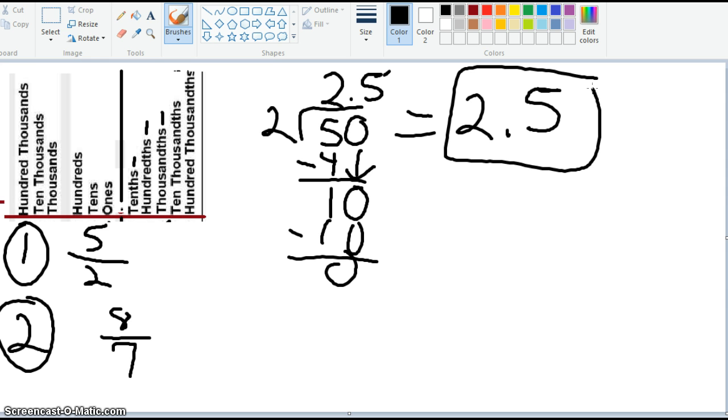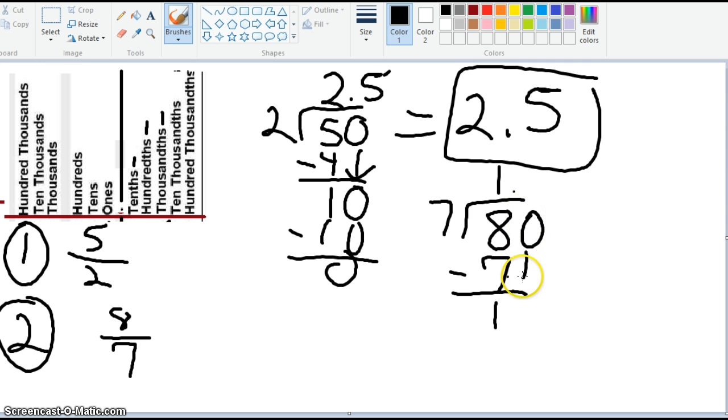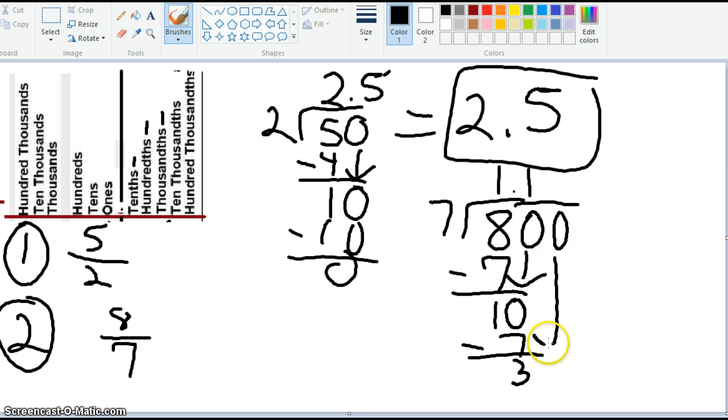For number 2, I'm going to divide 7 into 8, which I'm just going to multiply 7 times 1, which is 7, which gives me a 1. I'm going to add a decimal point, bring a 0, and bring it down. Well, I can't go too far beyond that, so I'm going to do 7 times 1 again. And I get 3, so I'm going to add another 0. Bring that down.